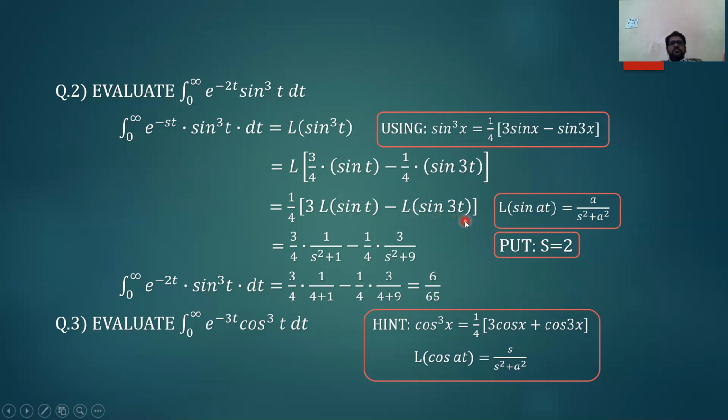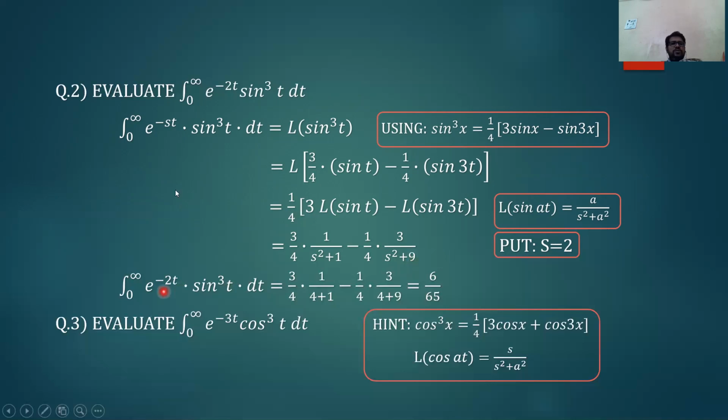Now we have to use the formula Laplace of sine at equals a upon s square plus a square. So instead of a, which is given as 1, write 1 upon s square plus 1 square, minus 1 by 4 multiplied by this bracket. 1 by 4 into Laplace of sine 3t is 3 upon s square plus 3 square, that is 9.